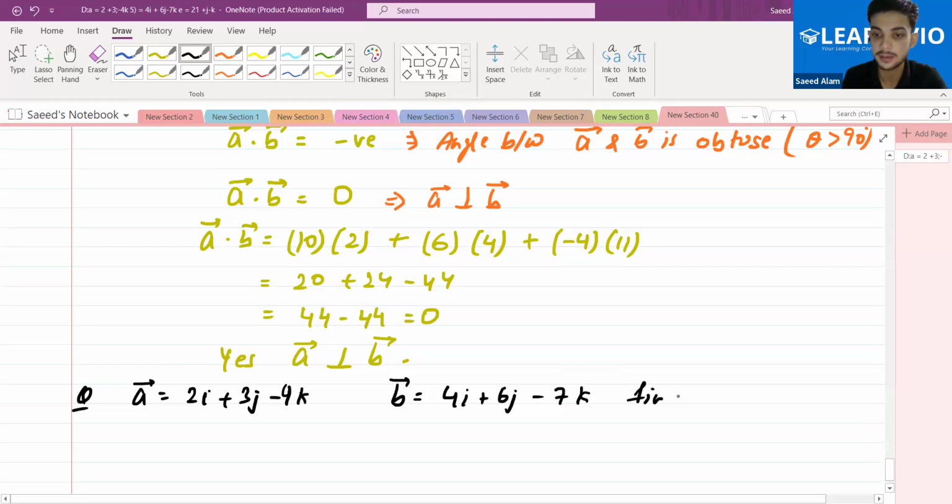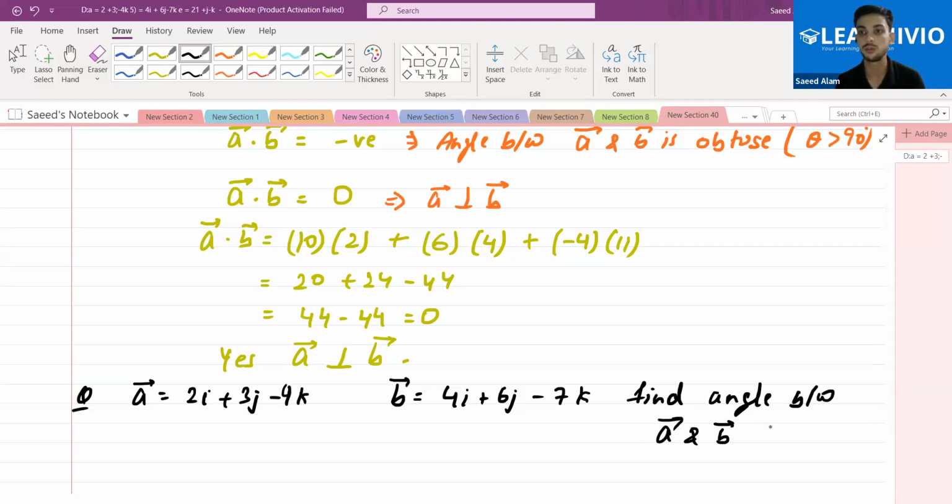Let's make it a question. Find the angle between a and b. Not this A, actually this is the small a. So let's make it a question of how to find the angle between two vectors if they are given to us. And actually this was the problem for us.